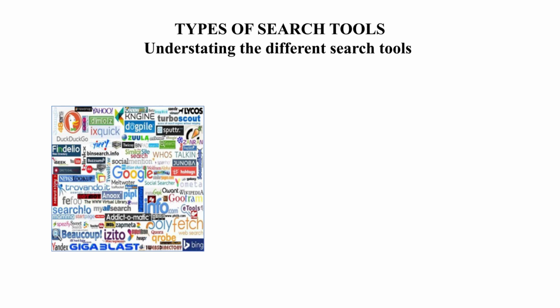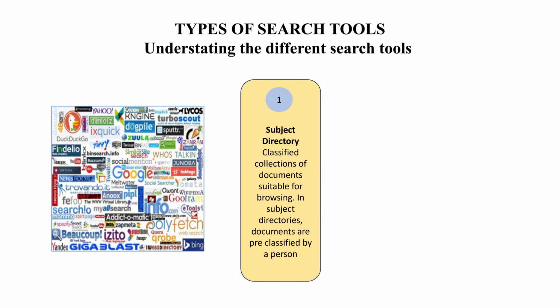A subject directory, also known as a subject gateway, is a service where a collection of websites is organized into categories and subcategories based on a topic. It is maintained by a site creator or evaluator and organized following a certain pattern.